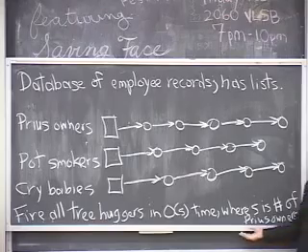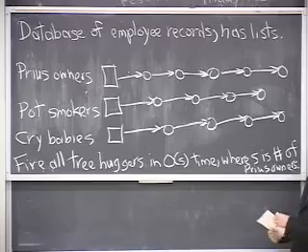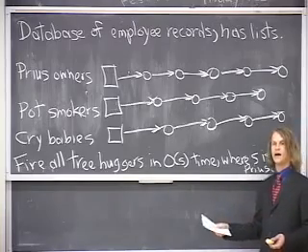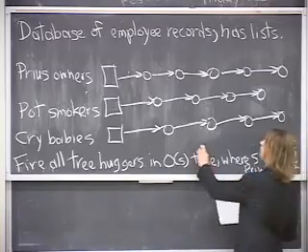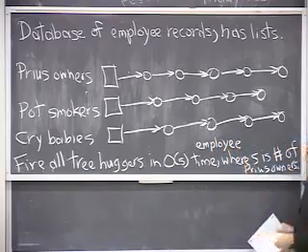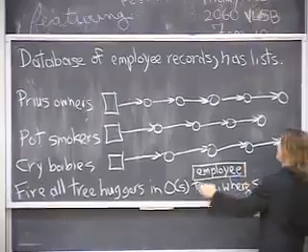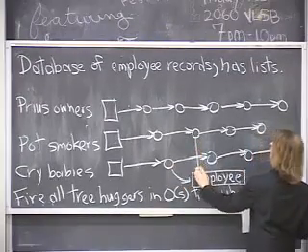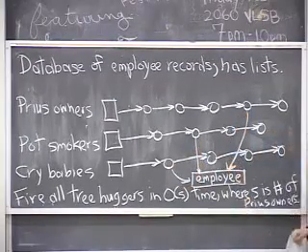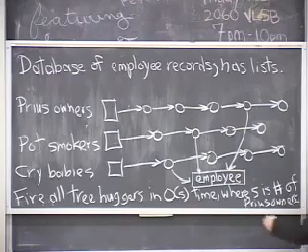And so the solution to doing that, you've probably figured this out from Project 3, is that every database record, every employee who may be on many different lists, so this is an employee database record and has lots of lists pointing to it, every employee just needs to keep a pointer back to all of the list nodes that point to it.